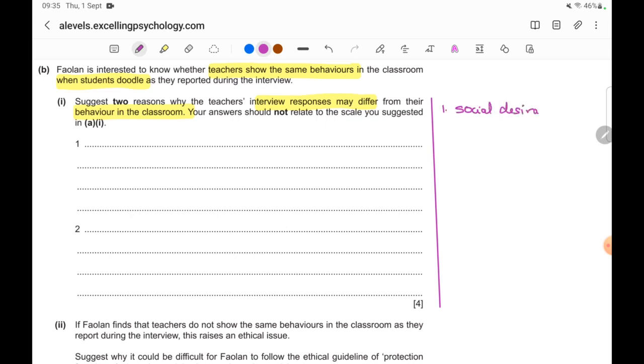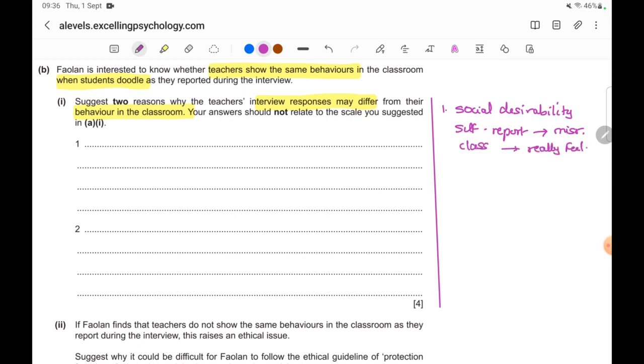On the scale, because it's a self-report method, they could very directly understand what impression they are creating by selecting a certain answer. So they might have misreported deliberately to create a favorable impression. Whereas in the classroom, when it comes to observation, they tend to show what they really feel. That time they are not in control.